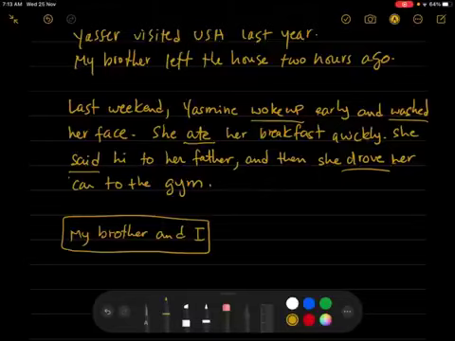And in English, we do not say "me and my brother" like we say in Arabic, أنا وأخويا. We don't say this in English. In English, we introduce the one with us. If I am the speaker, I introduce the one with me, and I say my brother and I, my family and I, my sister and I, my friend and I, my friends and I, and so on.